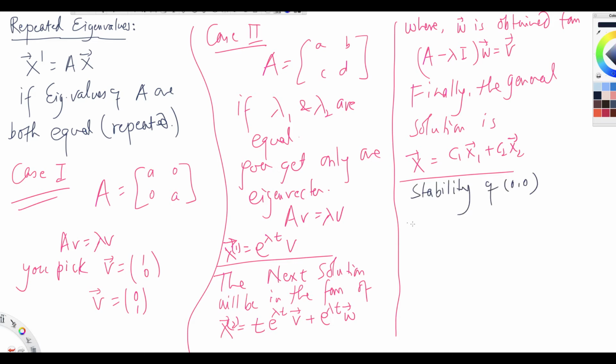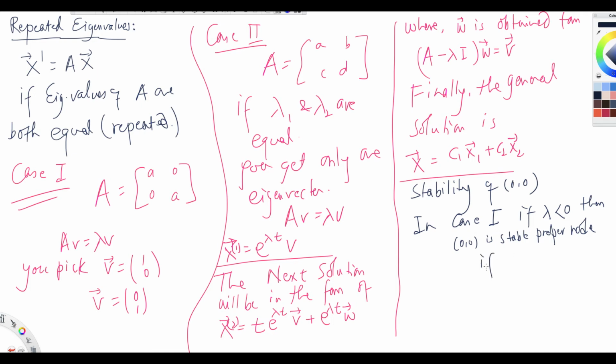In case I, if lambda is less than 0, then we call (0, 0) a stable proper node.